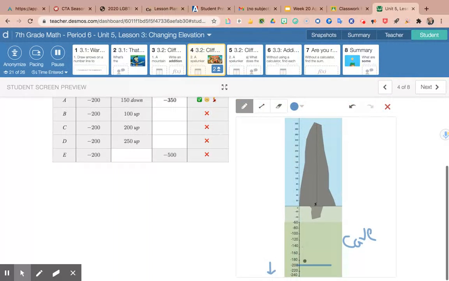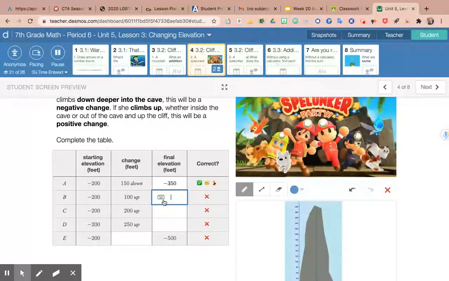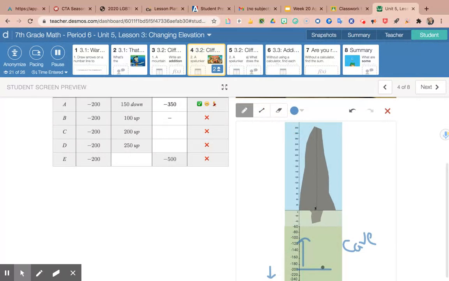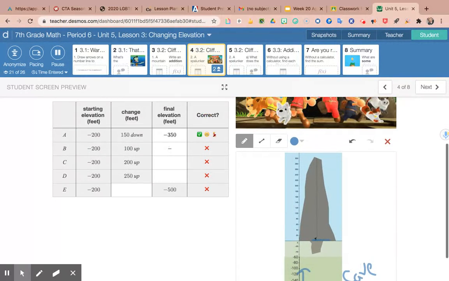Negative 200 and I go up 100. Well, I'm still in the cave, so I'm still at negative something. If I'm negative 200 in the cave and then I go up 200, well, I'm back here at the start, so I'm back at 0. And then if I'm at negative 200 and I go up 250, well, this is 50 more than the last one.